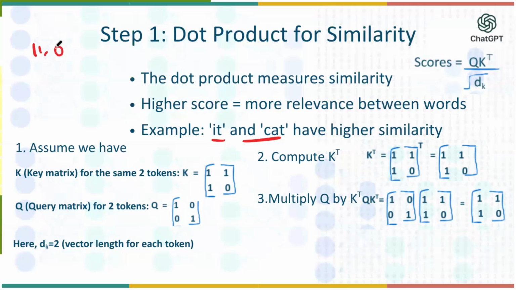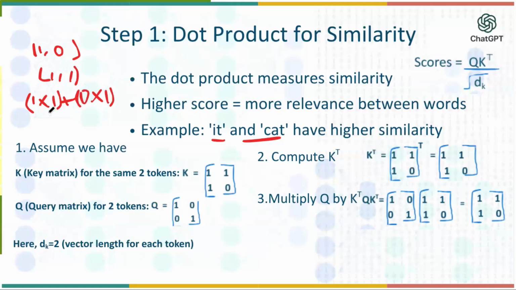So we just multiply the first row of the query matrix with the first row of the key matrix, that is 1, 1. In this case, we multiply 1 times 1 plus 0 times 1.